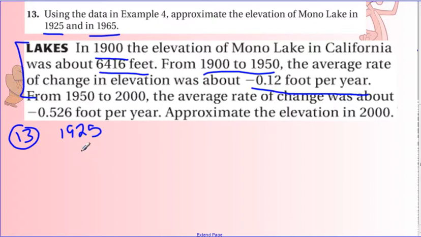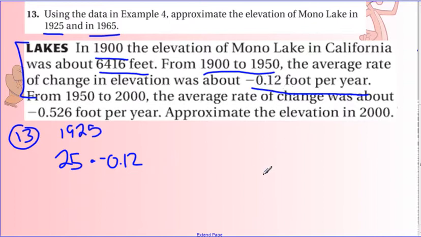So we want to find the height at 1925. So we're going to have 25 years of it going down by 0.12 feet. Right? 25 years, because from 1900 to 1925, that's 25 years. And every year it's going down by this much.